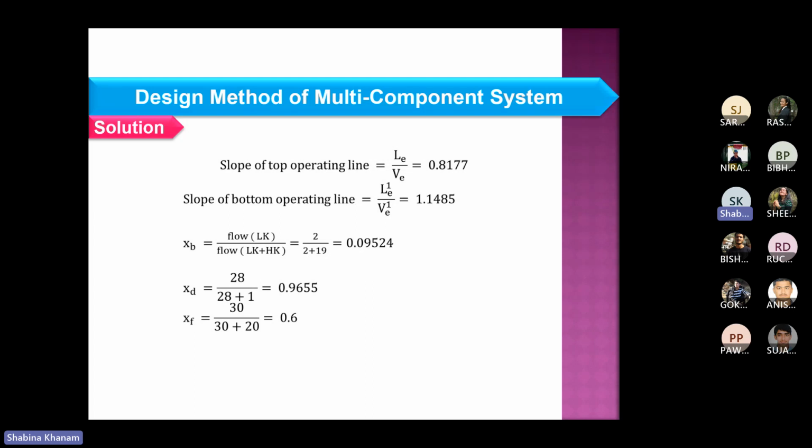I am not going to discuss that, you already know. So that is about Hengstebeck's method, and we can have the number of trays for this multi-component system.